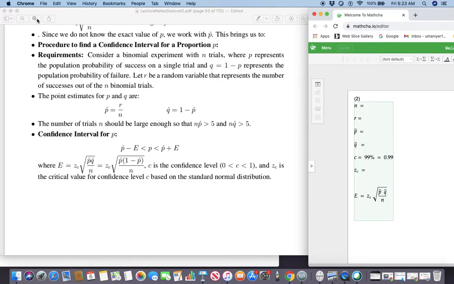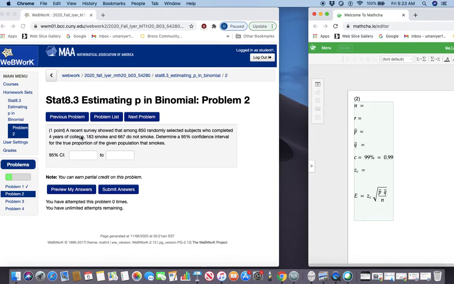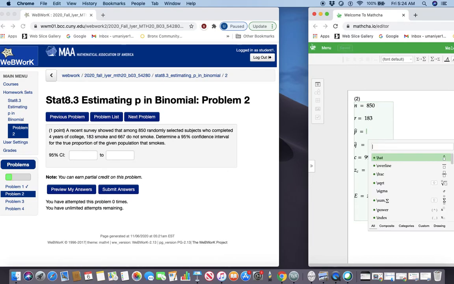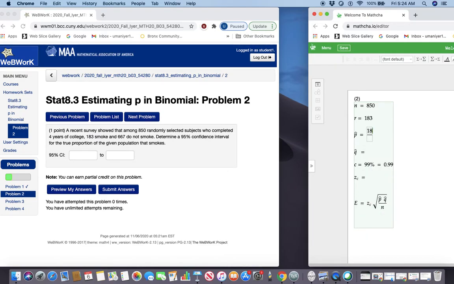All right, so let's look at it. Our survey was taken among 850 randomly selected students. So n is 850. The question is about the population that smokes, so smoking is a success. 183 smoke, so 183 is R. P hat is the fraction 183 over 850.